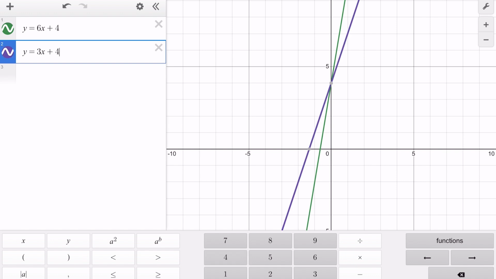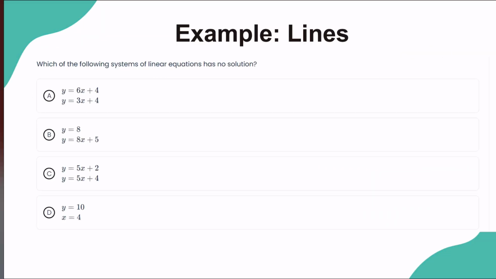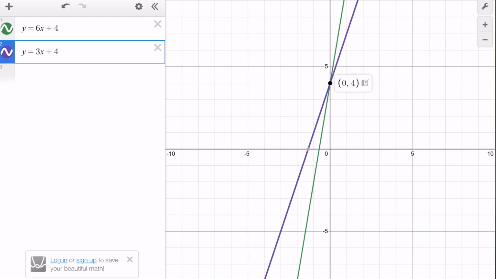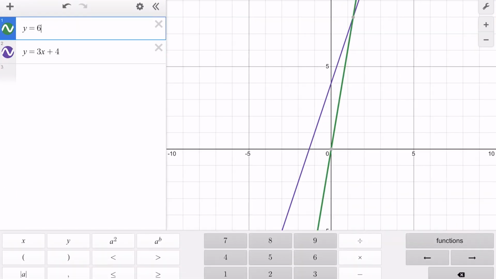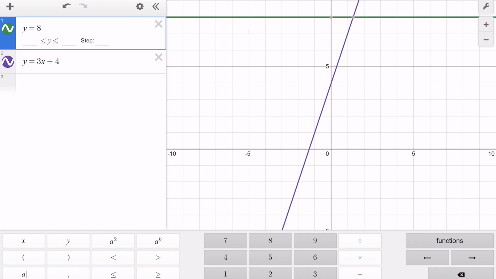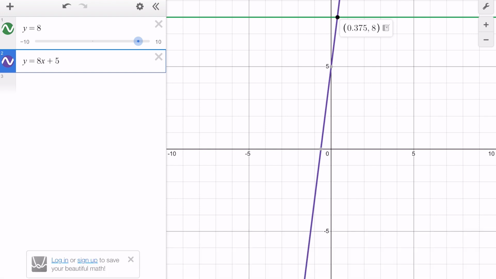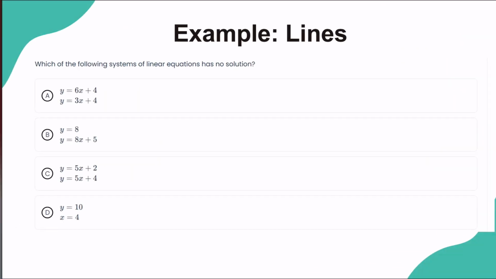These we already see an intersection here, so that's not our answer. Next, we have y equals 8 and y equals 8x plus 5. These also have an intersection, so that's not our answer.